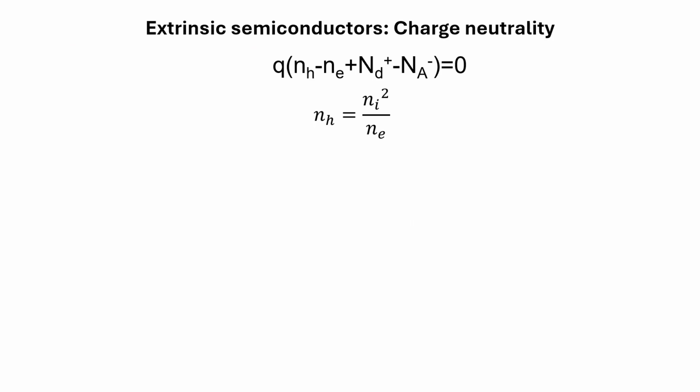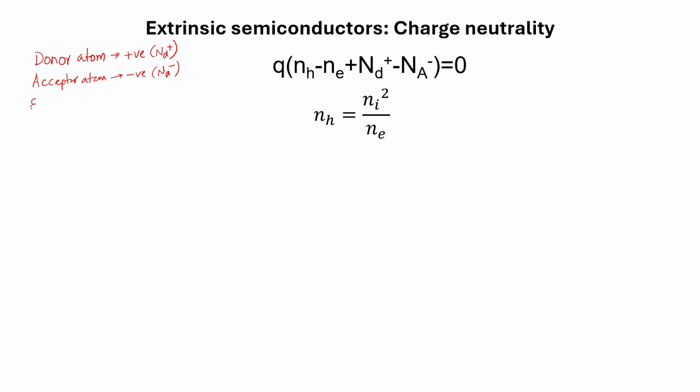But when you put these elements in, you have 4 entities. First entity is donor atom. Donor atom is positively charged, so you can say this is Nd plus because it is positively ionized, it has donated 1. Acceptor atom can be written as negatively charged, which means it will be Na minus.